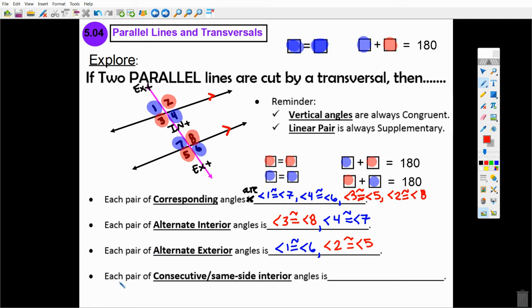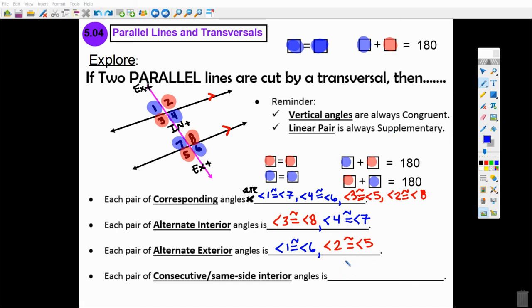The last one here, each pair of consecutive or same side interior angles are supplementary. So remember, same side interior is like 3 and 7 or 4 and 8. So here, angle 4, actually 4 is blue, so excuse me for a second.